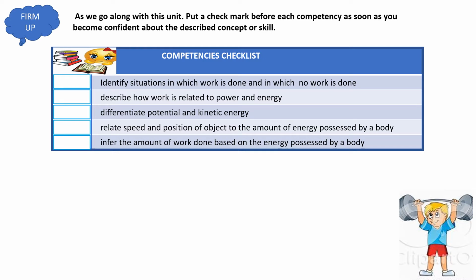Second, describe how work is related to power and energy. Third, differentiate potential and kinetic energy. Then, relate speed and position of an object to the amount of energy possessed by a body. Then, infer the amount of work done based on the energy possessed by a body. Okay, class, I hope it is clear.